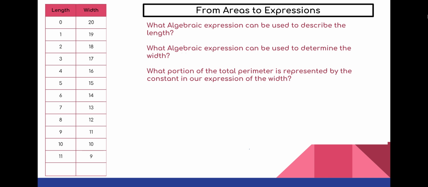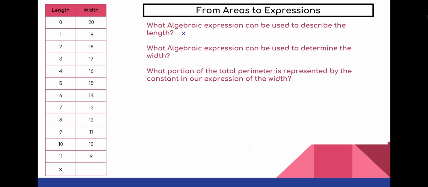So let's take a look at that first question. What algebraic expression can be used to describe the length? Let's just use a simple x. When we want to determine the width, we need to look at how x is related to the width. As I increase the length by 1, I'm decreasing the width by 1.